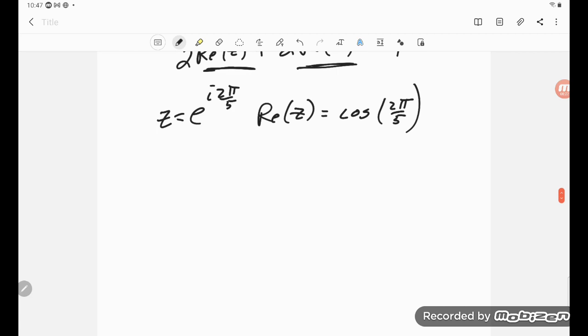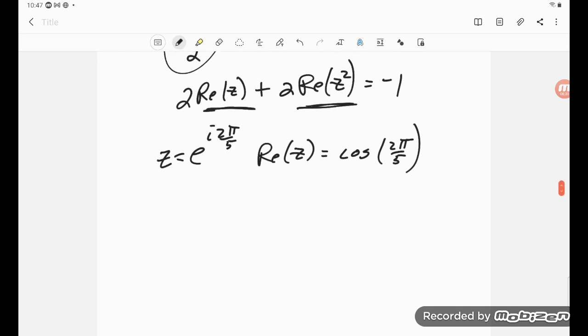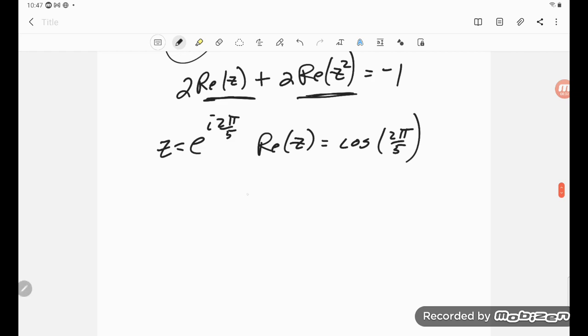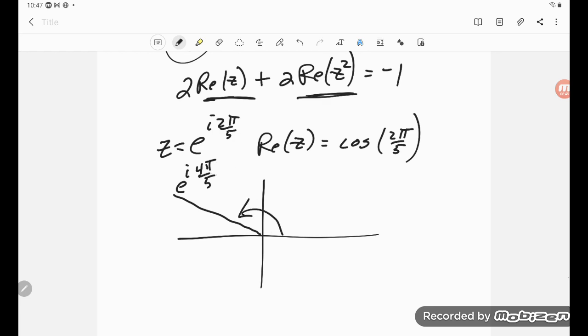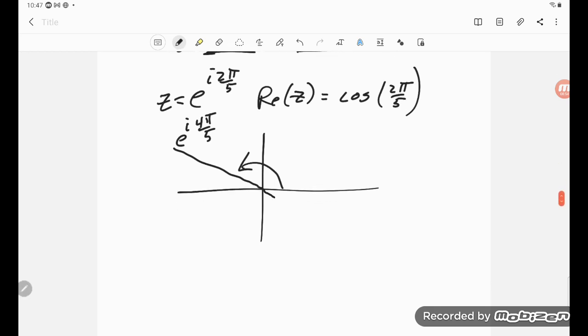So let me draw this. There is e to the i 4 pi over 5, because I'm just going an angle, an argument, of 4 pi over 5, so not quite pi. But now look at some symmetry here: if I came here at pi over 5, so I have that.